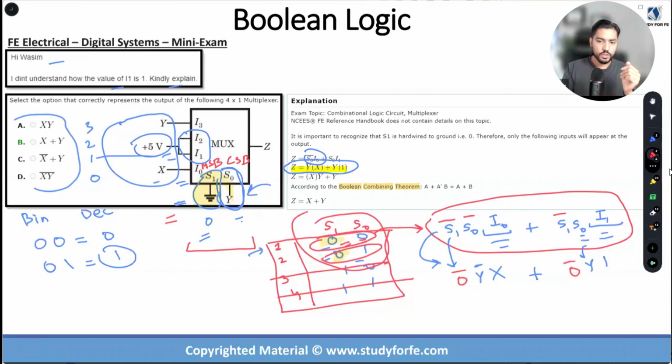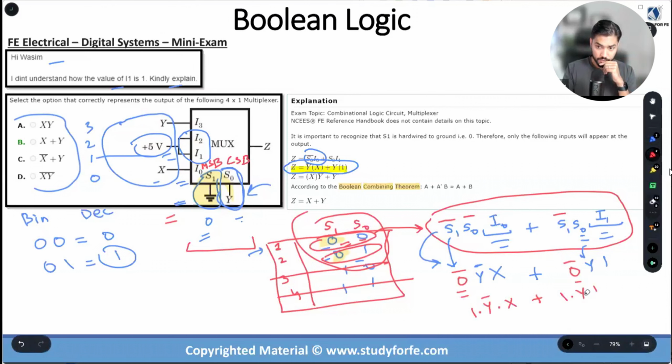What is the not of a 0? Not of a 0 is equal to a 1. 1 dot y bar dot x plus not of a 0 is equal to a 1 dot y dot 1, right? So you are basically getting, see, sometimes you can make these silly mistakes. I almost made a silly mistake over here.